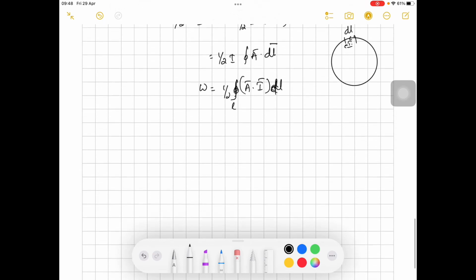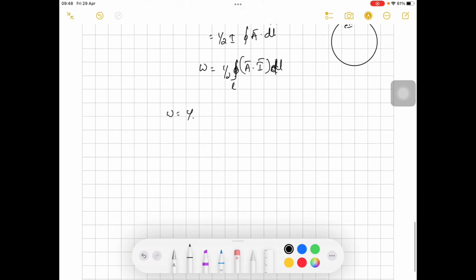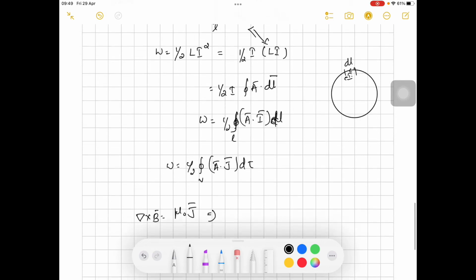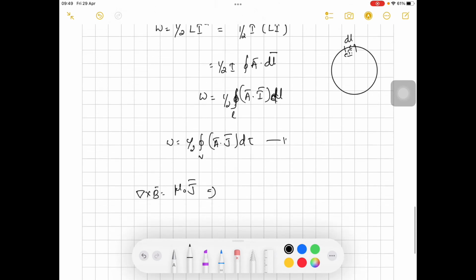Okay, now this is for line current. You can convert this into volume current density. W is equal to half, instead of line integral you will get volume integral A dot, instead of line current you can use J d tau. Here J is given by, we know our equation, some equation you may be familiar with, del cross B is equal to mu 0 J. This is 13, this is 14.